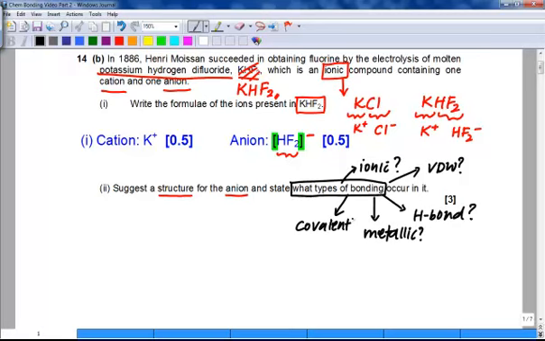Out of these 5, you can straight away cancel out ionic, because ionic is only between positive and negative ions, but in this case the question only has the anion. And of course it couldn't be metallic, this is very obvious. So we are just left with van der Waals, hydrogen bonds, or covalent bonds.